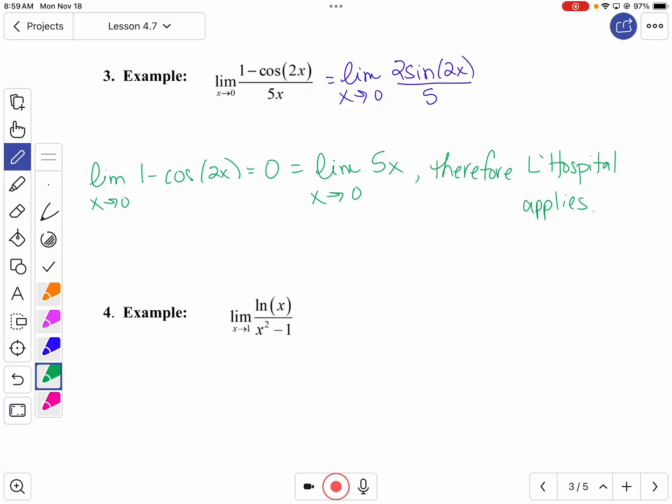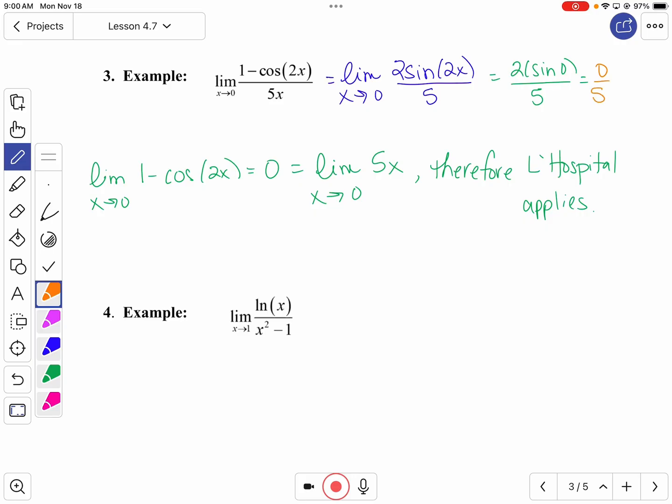So now let's try direct substitution. Are we going to get something indeterminate this time? No, because the denominator is 5. So let's plug in 0. So 2 times the sine of 2 times 0 over 5. What's the sine of 0? 0. We take 0 and multiply it by 2, we still get 0.